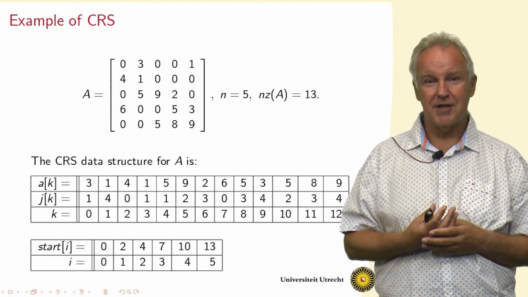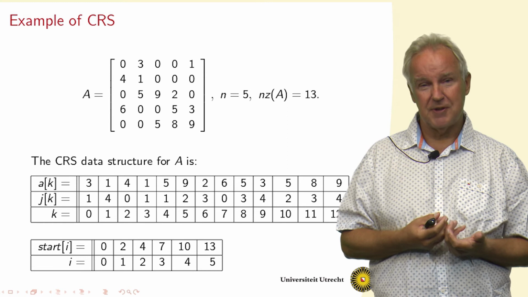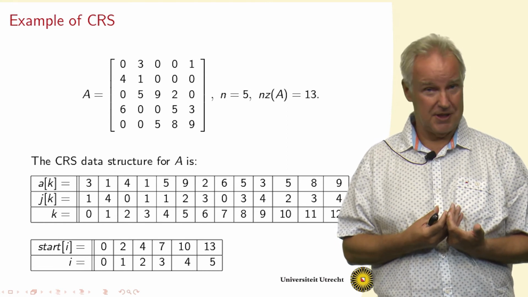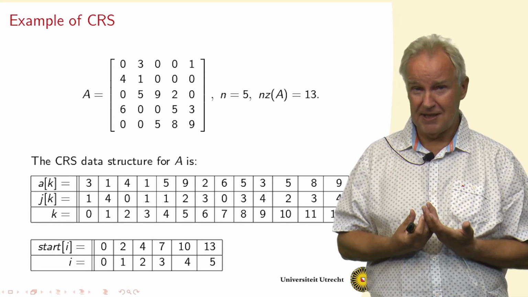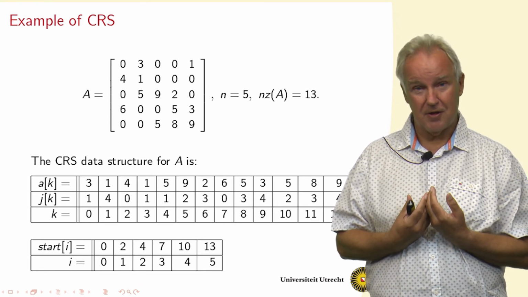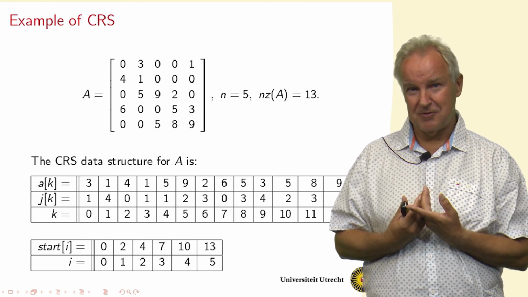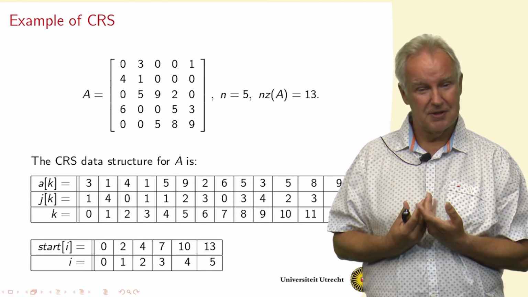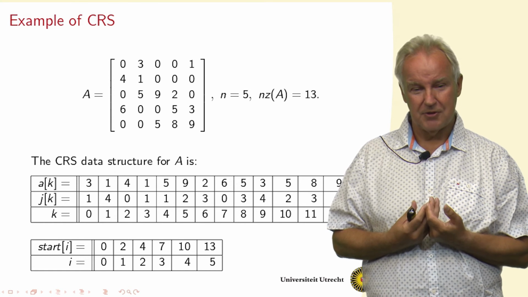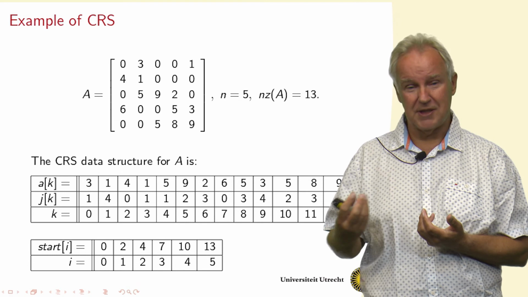Then the corresponding column indices, look at the first row. We have a 0 at index 0, and then we have 3 at index 1. So the first column index would be 1, and then the last one in that row, that's index 4, so that gives a 4. So this explains j_k equals 1, 4, etc.